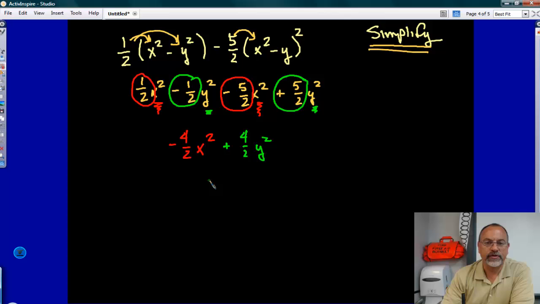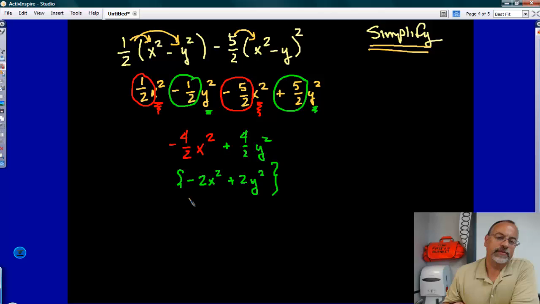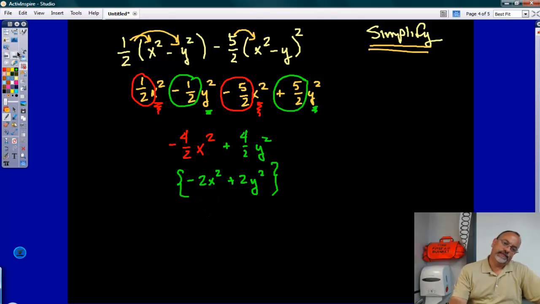I have to make sure that I reduce my final answer. As I look here, I notice that negative 4/2 actually reduces to negative 2, so I have negative 2x squared, and then 4/2 here again reduces to 2. So I have 2y squared. There aren't any more like terms, so this would be my simplified expression.